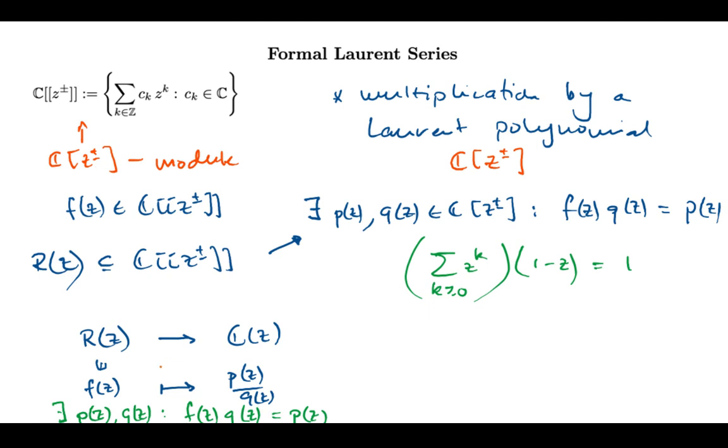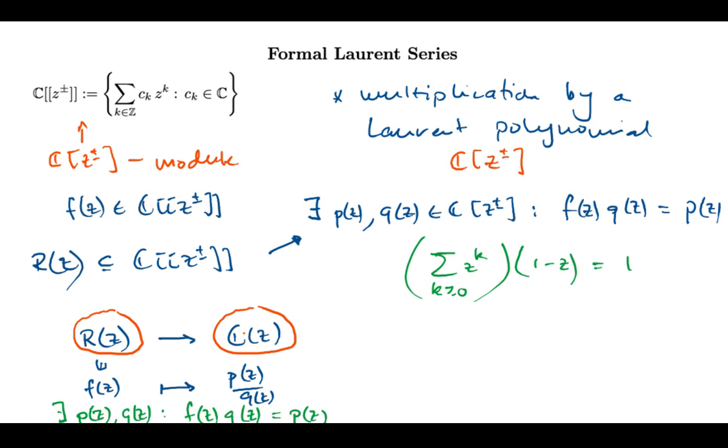Both of these sets, you can realize, are modules over this ring of Laurent polynomials. And so I claim my map here is a module homomorphism. Again, if you never played with modules, that's fine. Just think of this as a nice map between these two sets.